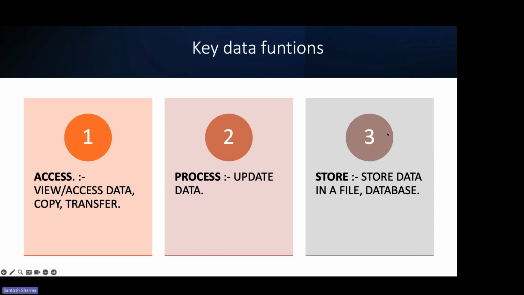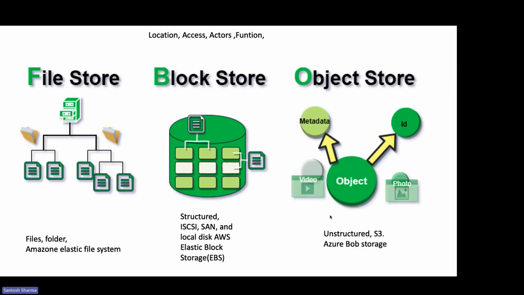Then the third element of the function is store. No matter if you have to access the data or process the data, when we were discussing the life cycle, as soon as you create the data, it has to be stored somewhere, right? In a file, in a database, somewhere. Now the question is, okay, we have to store the data, and what are the different kinds of storage we have?